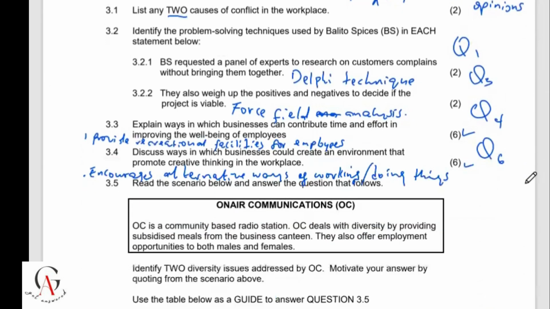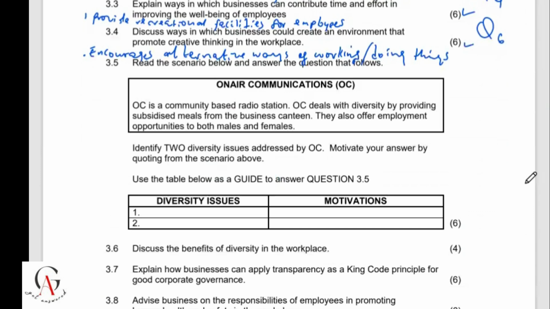Okay, right, guys. So now let's check. Remember, when you quote from the scenario, you're expected to take the sentence as fully as it is. Okay, right. So now let's check here. We had been told that OC, this is sentence 1, this is sentence 2, this is sentence 3. So now OC deals with diversity by providing subsidized meals from the business canteen. So now this is nothing but poverty. This is poverty.